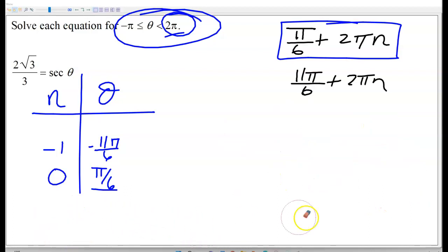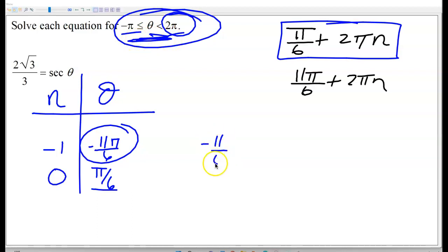But another way is just by looking at the fractions only. So like, for instance, I want to know, is this less than negative pi? In other words, is it outside the boundary? Or is it still in between these two? Well, negative 11 divided by 6 is like negative 1 and 5/6, right?